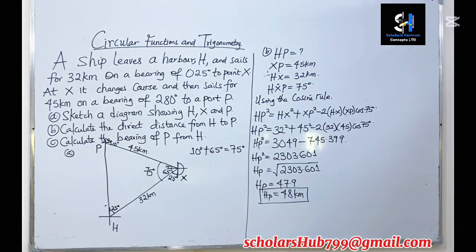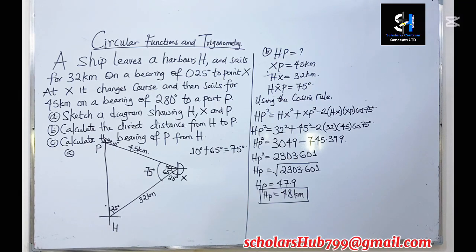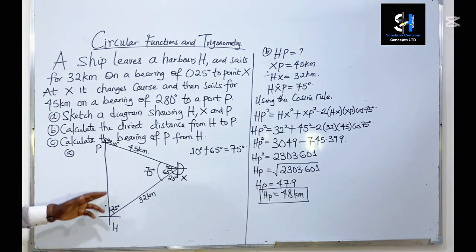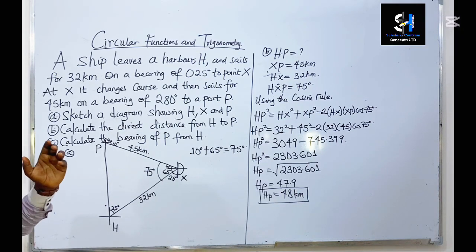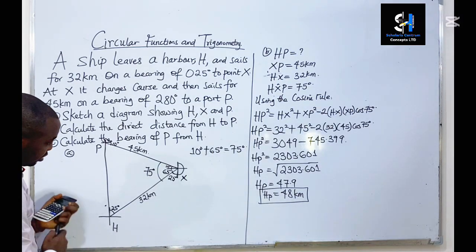Now the next question is to calculate the bearing of P from H. The bearing of P from H can be the angle PHN, where N is the direction of the north. Or we can call it XHP, because it's going to be this way.